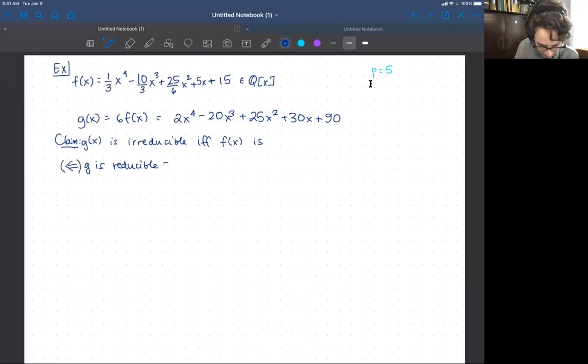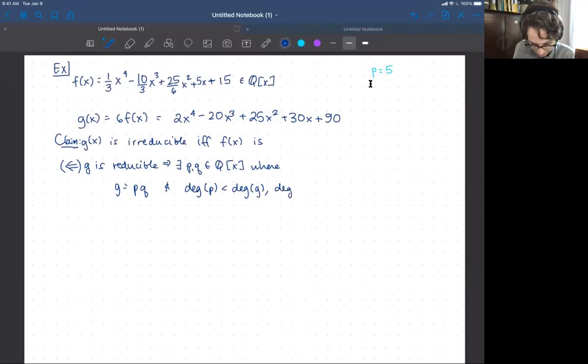G is reducible implies there exist P and Q in Q[x], where G equals PQ, and the degree of P is less than the degree of G, and the degree of Q is less than the degree of G. And that implies that 6F is 6 times PQ.